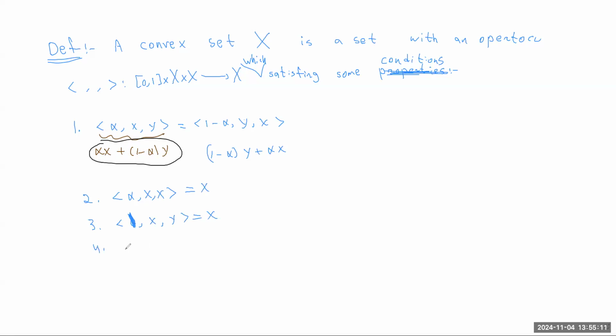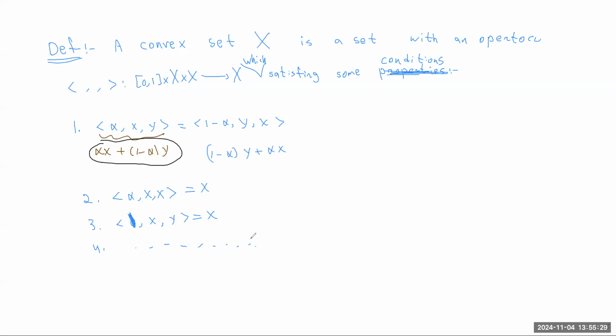There are other conditions I will not write now because it's long, but I don't want you to focus on this. You can find them in the paper because it's not our issue in this talk.